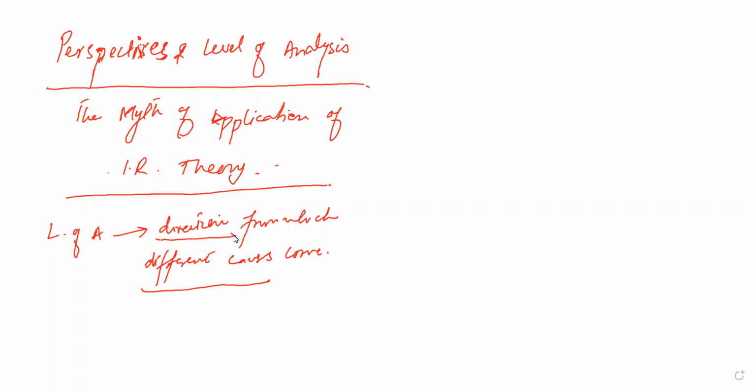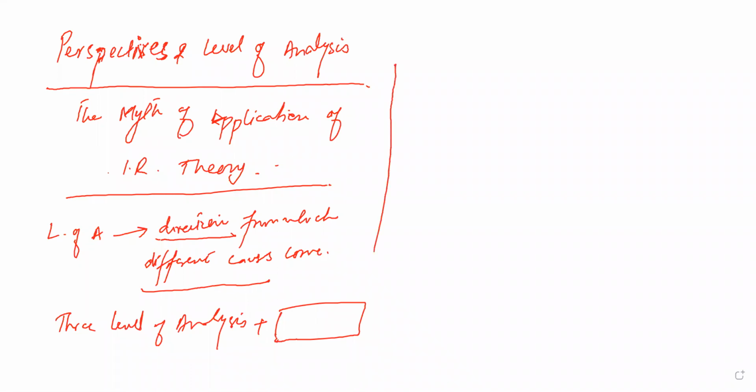Normally, if we read international relations books, you would come across three levels of analysis, along with a fourth one as well. We will first try to explain all these levels of analysis, and then you will automatically come across that these levels of analysis cannot work in isolation.